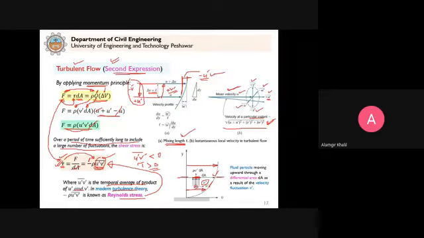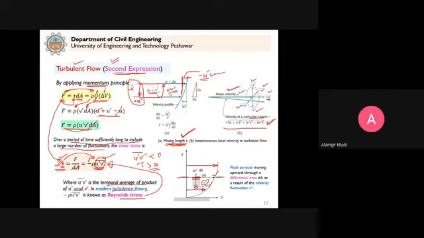So this term is basically known as the Reynolds stress, and it is physically very difficult to measure. We need to express this shear stress in an equation form that we can measure. So Ludwig Prandtl came and gave us the concept of this length L. And what is this mixing length L?